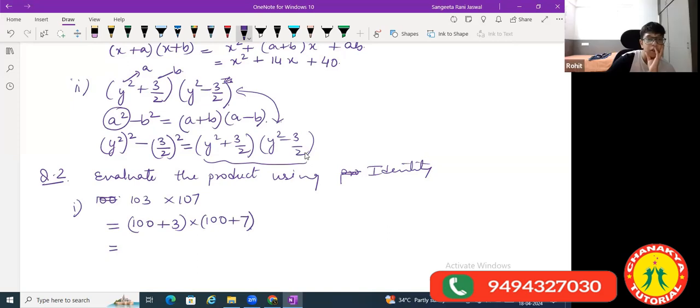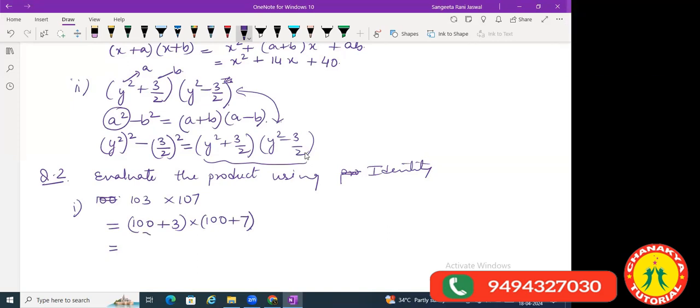So which identity do you think will follow here? x plus a into x plus b. It looks like this, x plus a and here x plus b, right? Is it? So that means here x is 100, a is 3 and b is 7. When we have such an identity, then we do the product.